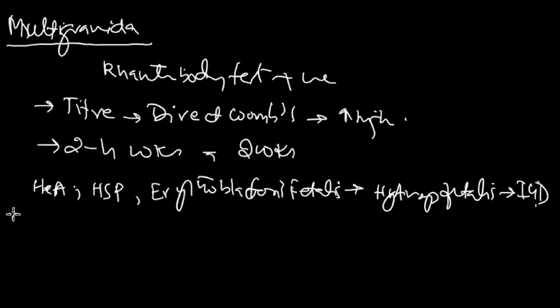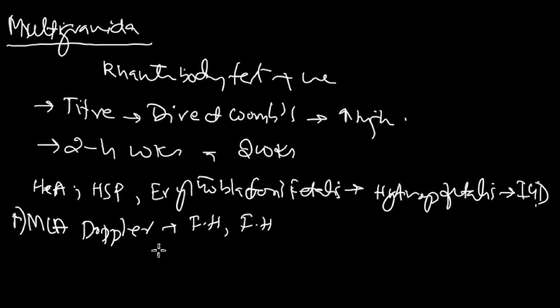So repeated ultrasound should be done with middle cerebral artery Doppler to see the fetal hemolysis and fetal hypoxia. If middle cerebral artery Doppler shows that the baby is in severe distress, then cordocentesis is advised.